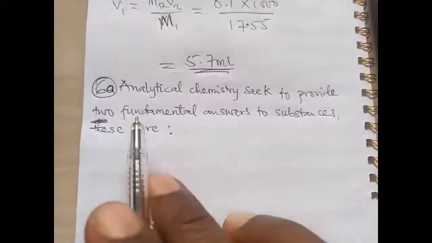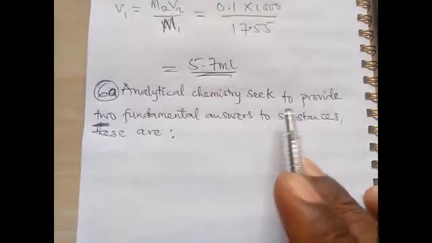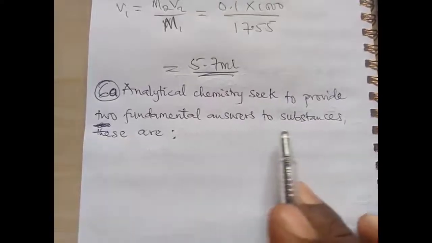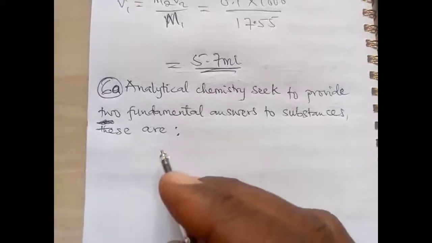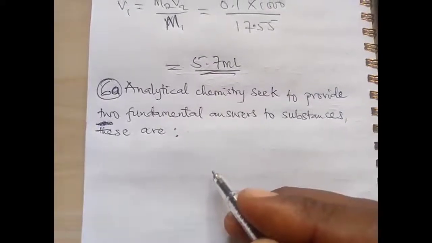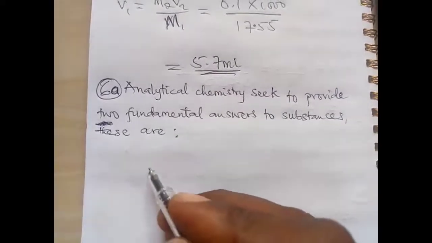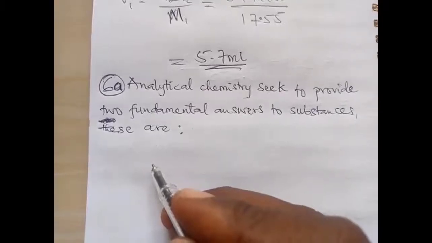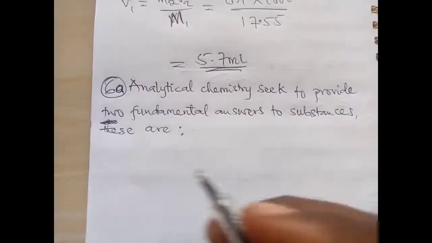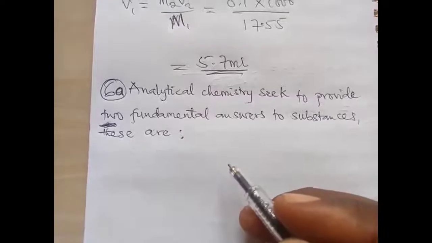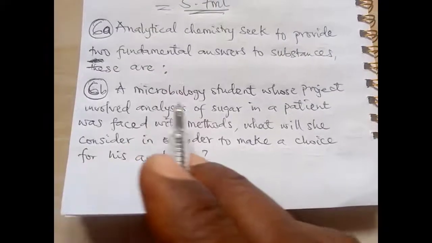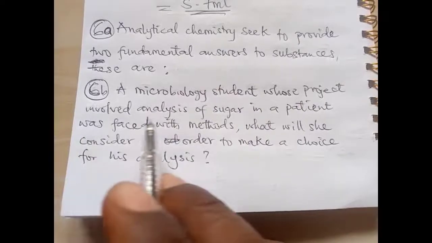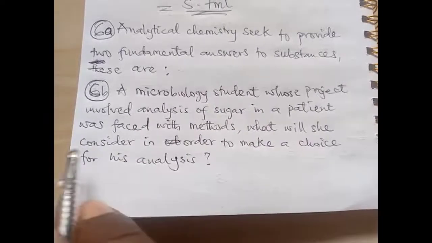The next question says, analytical chemistry seeks to provide two fundamental answers to substances. These are qualitative and quantitative answers. Qualitative is talking about what is present, the quality, while quantitative is talking about how much is present. The next question says, a microbiology student whose project involved analysis of sugar in a patient was faced with methods.